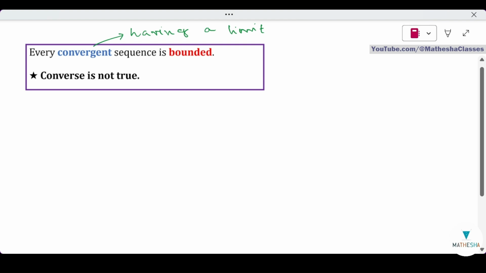For example, if you consider the sequence 1 upon n. So this particular sequence will have terms 1, half, 1/3, 1/4 and so on. So definitely this sequence has a limit and that limit is 0.